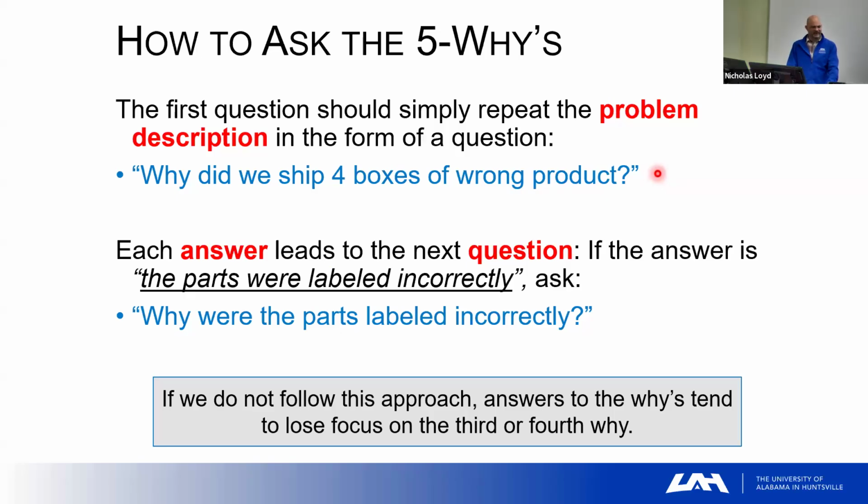And then I try to answer. If the answer was we shipped them wrong because the parts were labeled incorrectly, so the right label was on the box, we loaded the box that said it was this, the customer got it and it was the wrong thing. Okay. Then the next question is, why were the parts labeled incorrectly? And then you drill down from there.